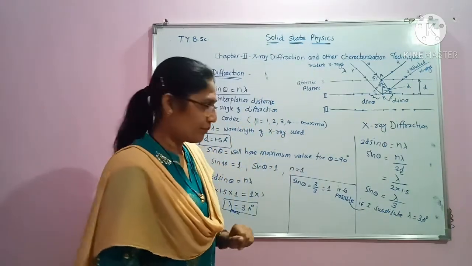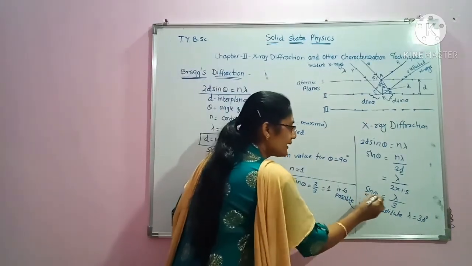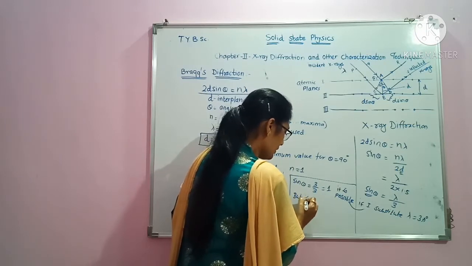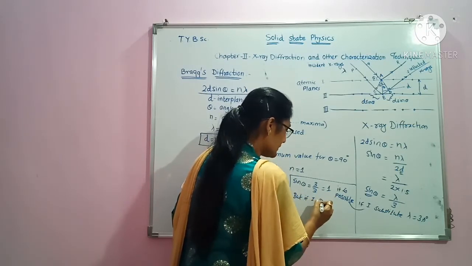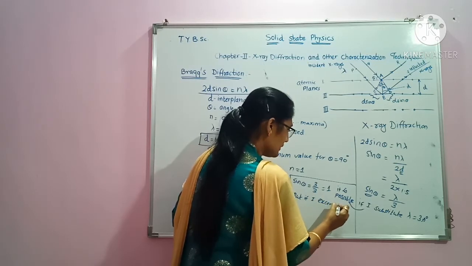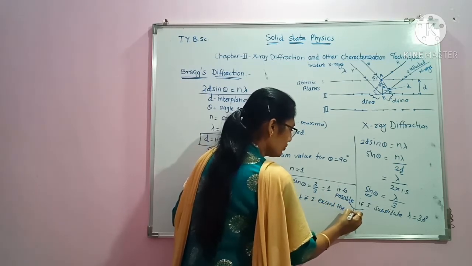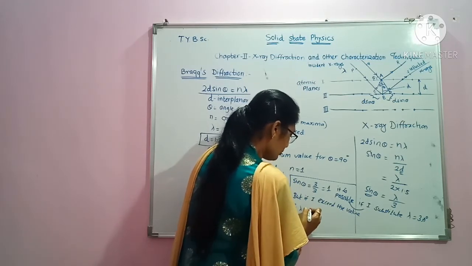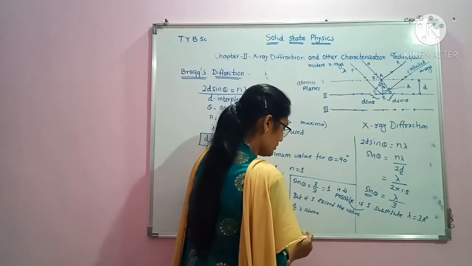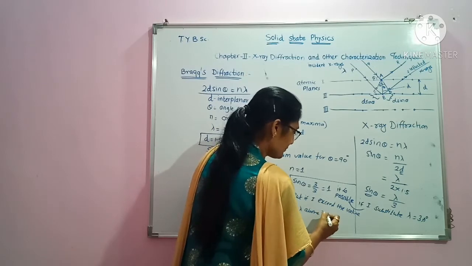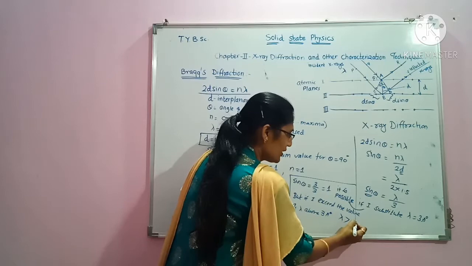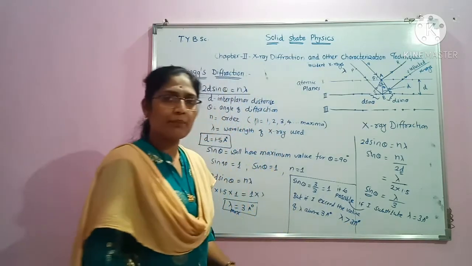But if I exceed the value of lambda above 3, that is, lambda is greater than 3 angstrom, then what will happen?